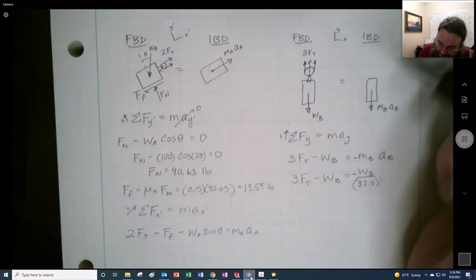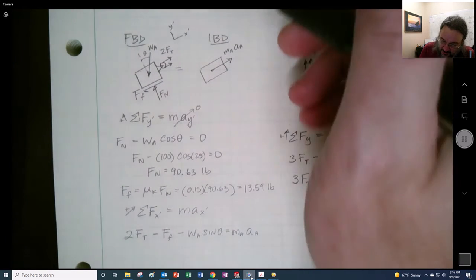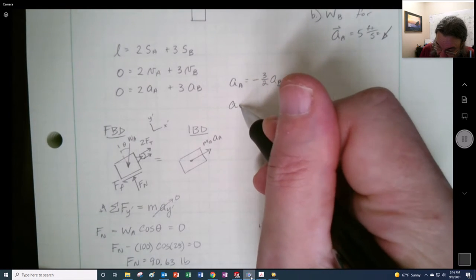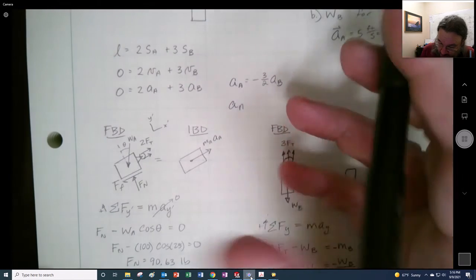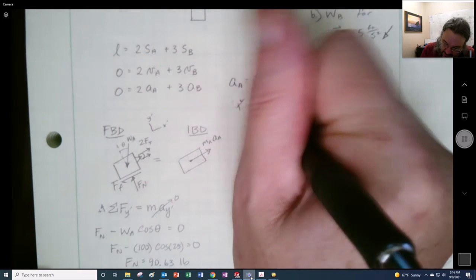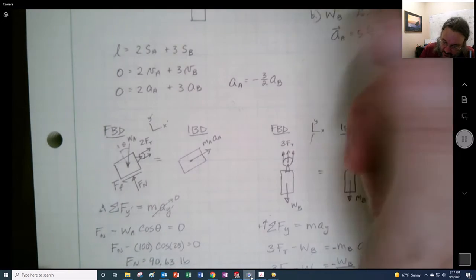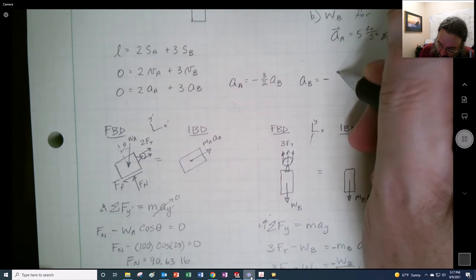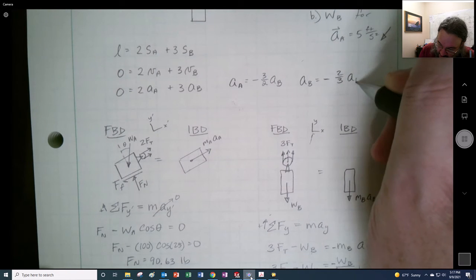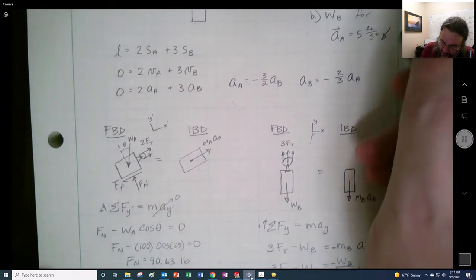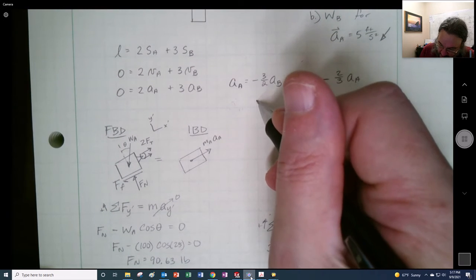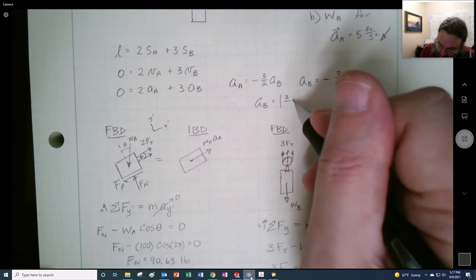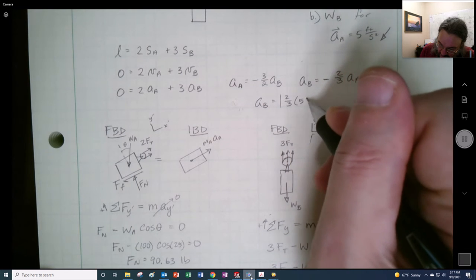Let's just do this up here. Actually, this would have made more sense up here. I'm sorry about that. We could have said the acceleration of B is equal to negative 2/3 the acceleration of A. And therefore, the acceleration of B is just going to be 2/3 of 5.